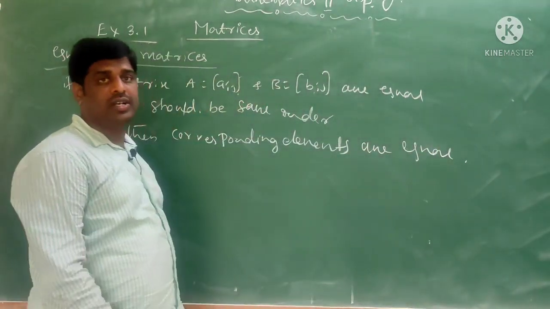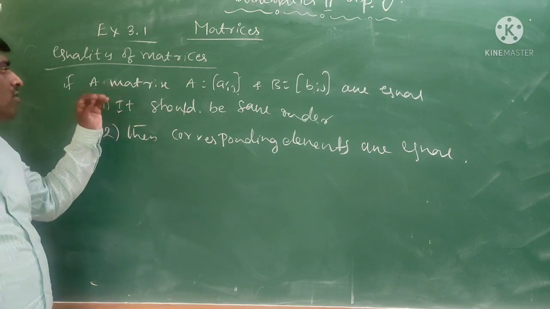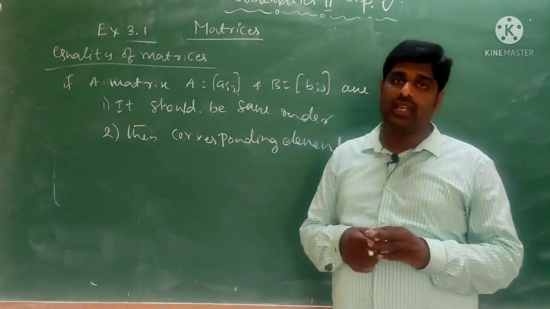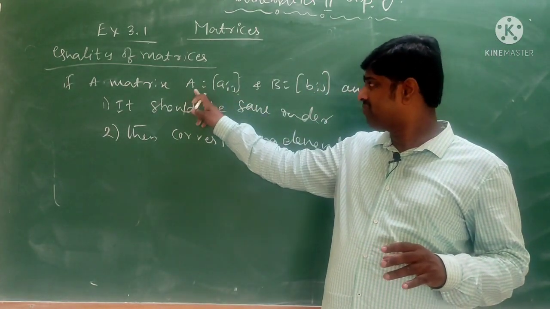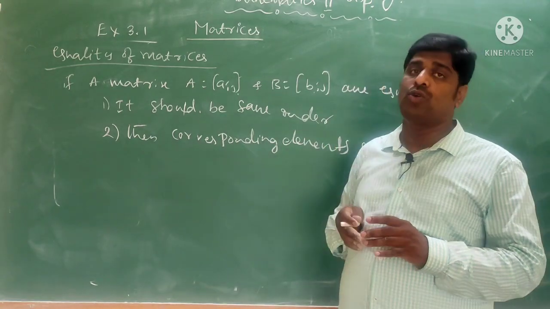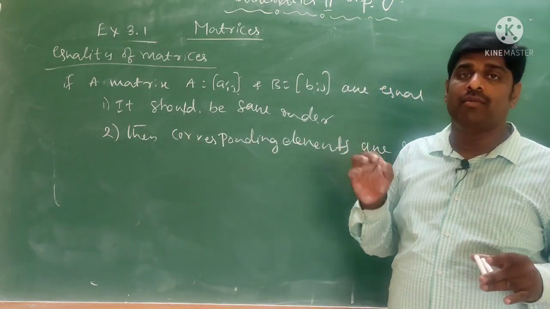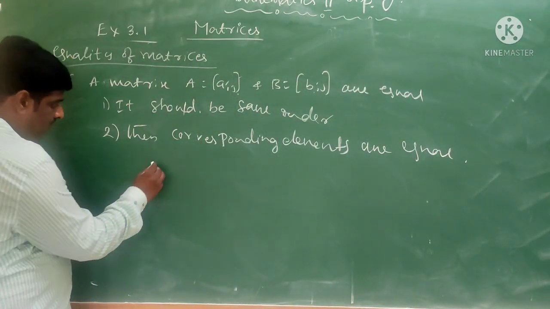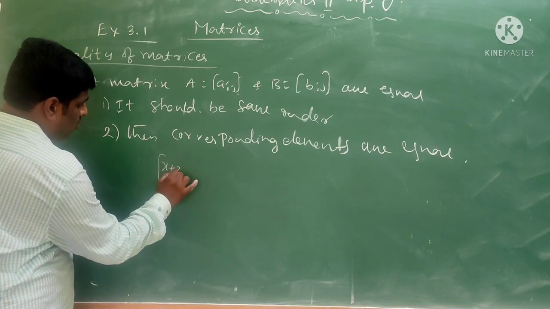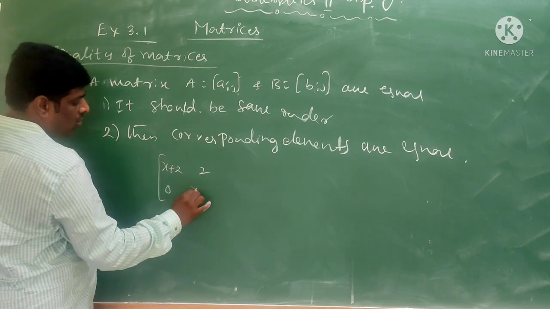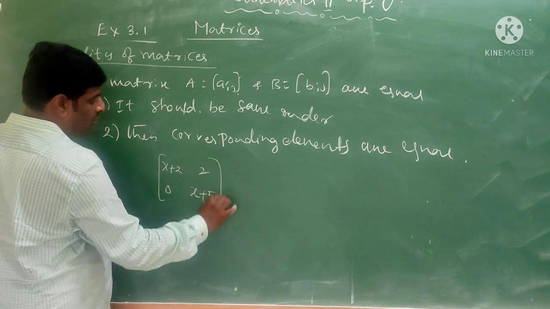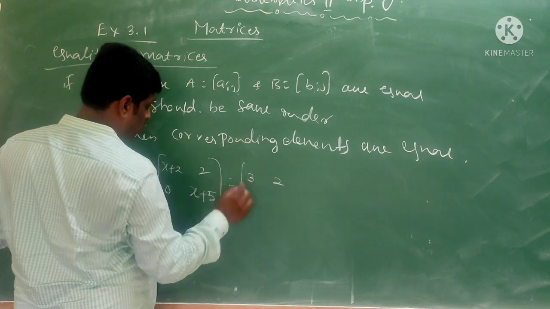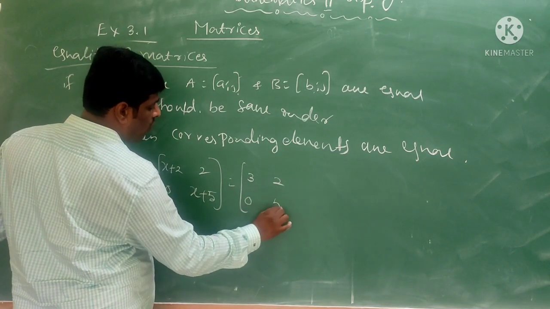Okay, so what is meant by equality of matrices: if A equals Aij and B equals Bij, and A is equal to B, then they should be the same order, and corresponding elements are equal. For example, x plus 2, 0, x plus 5 is equal to 3, 0, 5.